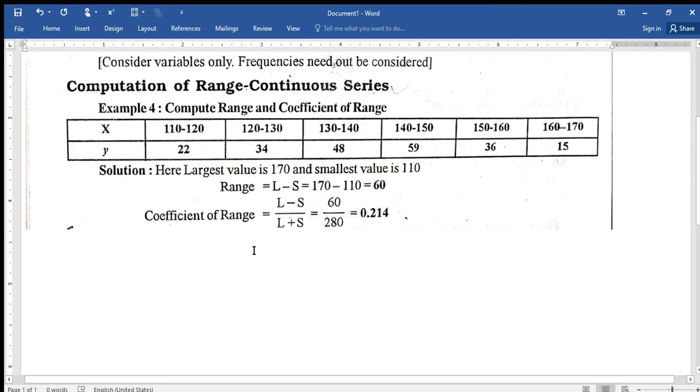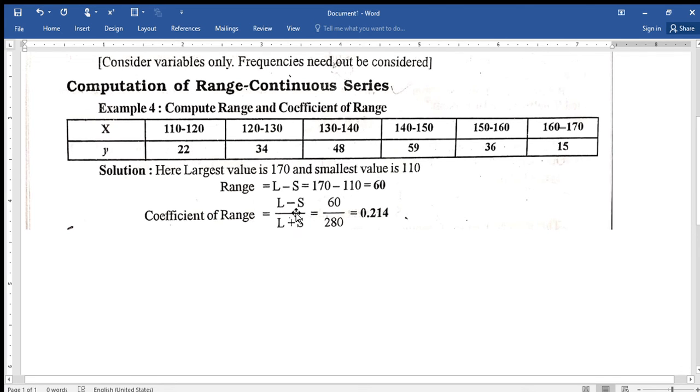Coefficient of range, that is largest value minus smallest value divided by largest value plus smallest value. It is also said to be absolute range divided by sum of two extremes. Here the largest value is 170 minus smallest value 110.